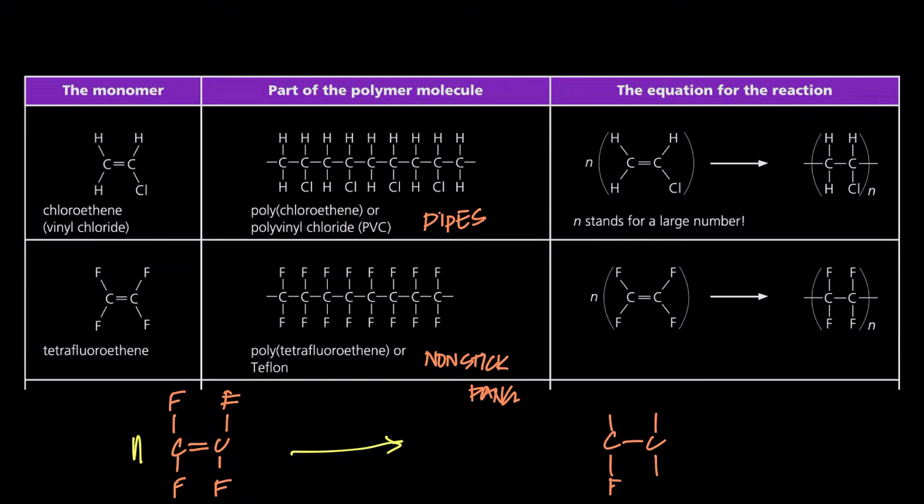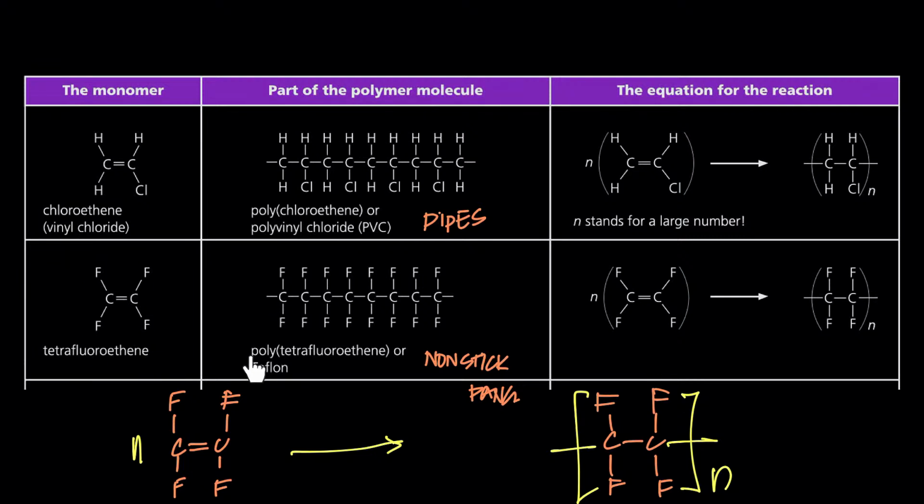You put the four F's, the continuity bonds, square brackets or curly brackets, whichever you like, and N. That's your equation for the polymer, and it's CF2, CF2, CF2 repeating multiple times. That's part of the polymer molecule. So these are three of the basic ones you need to know. Ethene, polyethene, chloroethene, polychloroethene. This is called tetrafluoroethene because there are four F's.